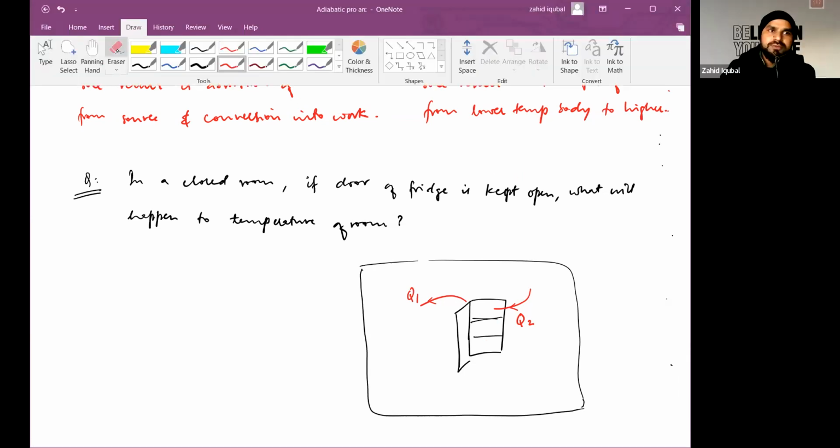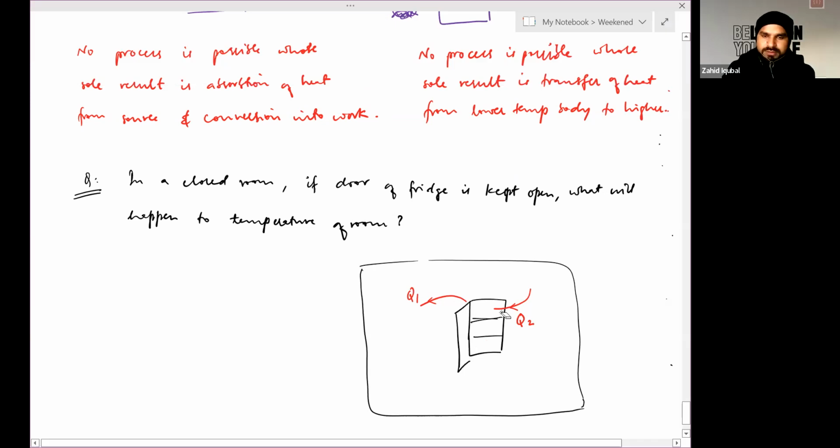If you kept this particular door of this fridge open, so this cabin and this entire room becomes common system. So if it has to absorb Q2 amount of heat from this cabin, now since it is open to the surrounding, it may absorb Q2 amount of heat from the surrounding, which is at lower temperature. So it will have some smaller value Q2.